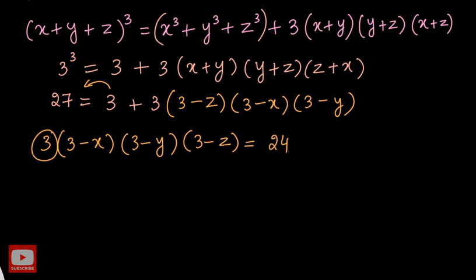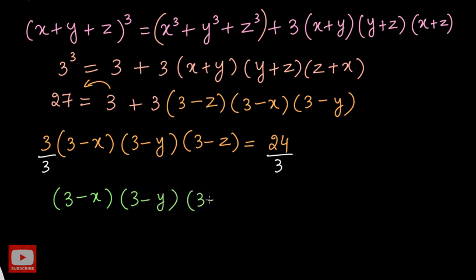I would like to divide both sides by 3 so that we get rid of this 3 on the left side. So we have 3 minus x times 3 minus y times 3 minus z equal to 8. This 3 and this 3 got cancelled out.